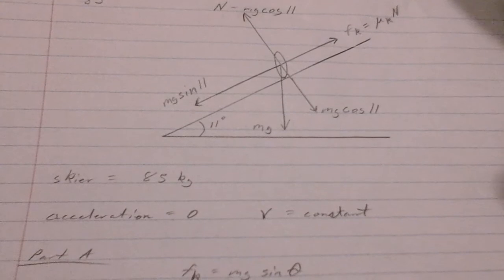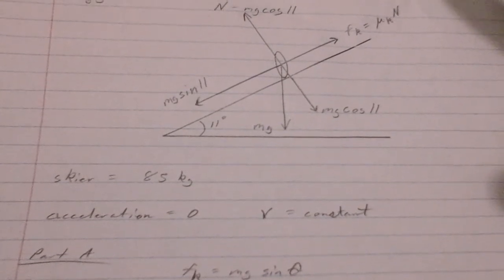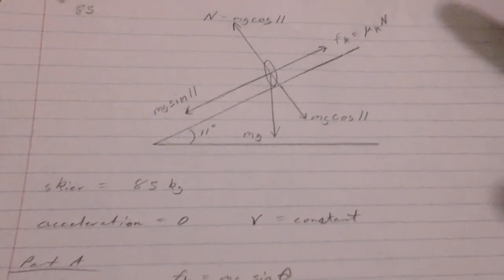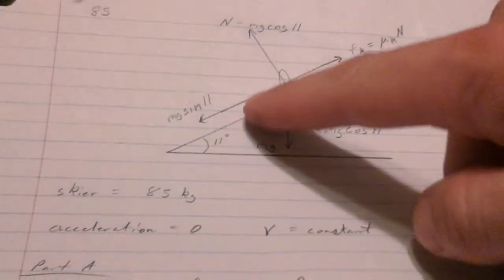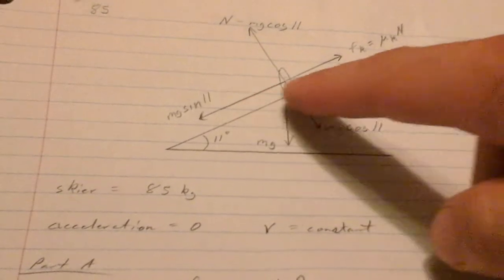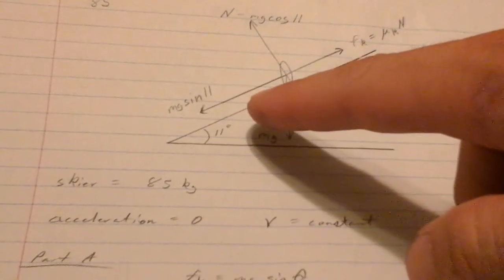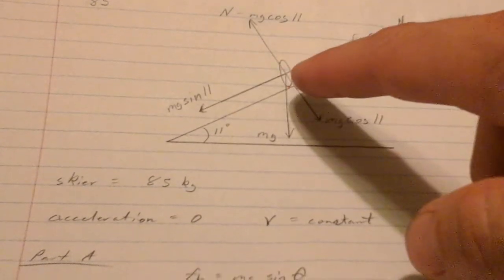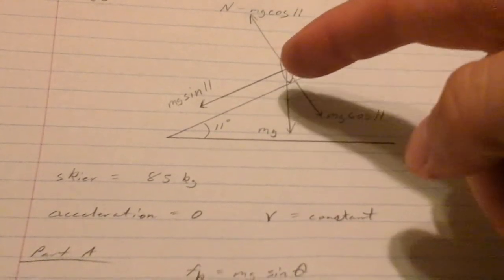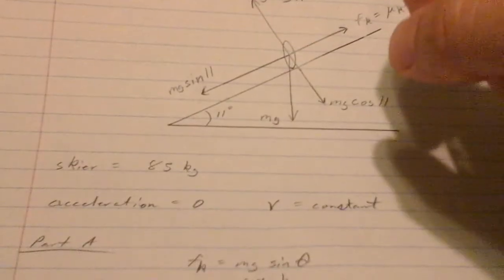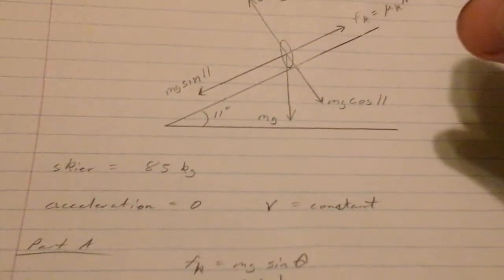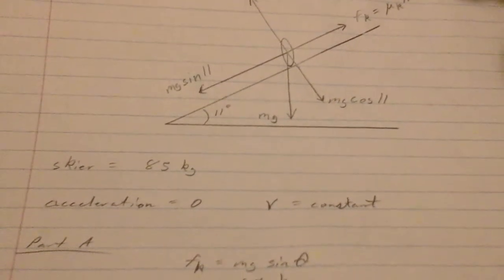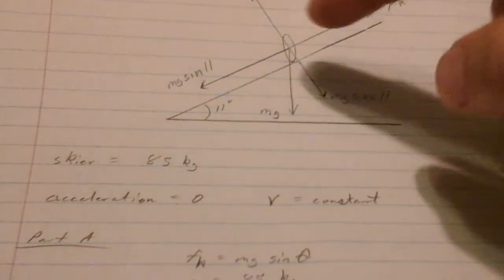Well, we know one of the basic understandings is that if he's moving at a constant velocity with no acceleration, then the kinetic frictional force must be the same on the skier as the force the skier is moving. So, in other words, it must be equal to the component parallel to the ramp.